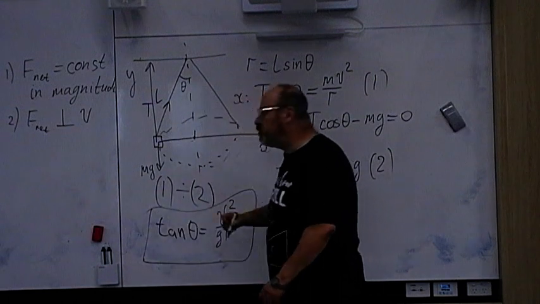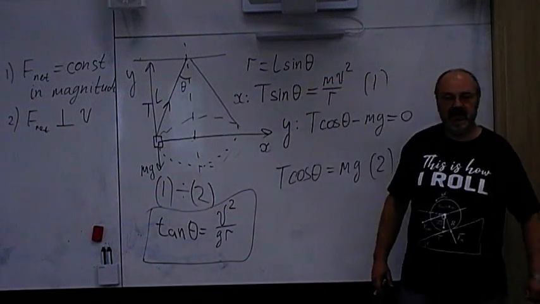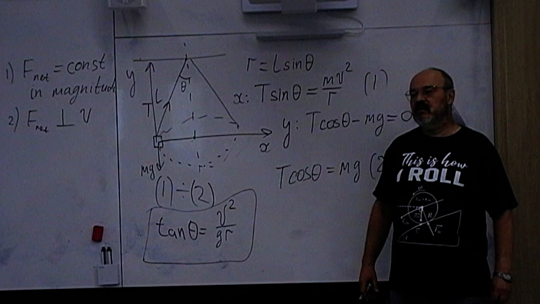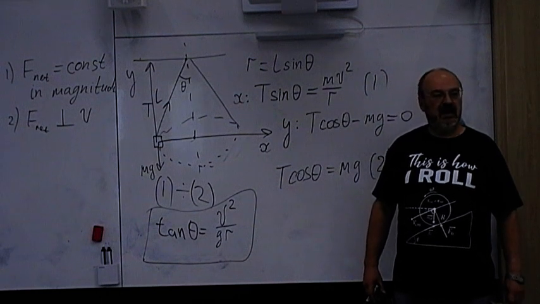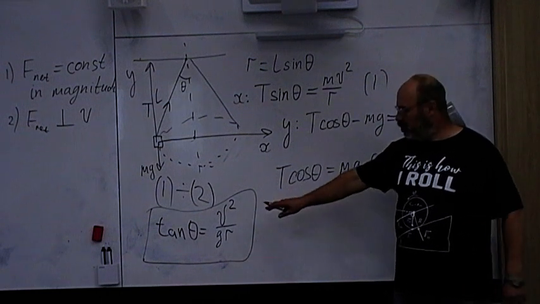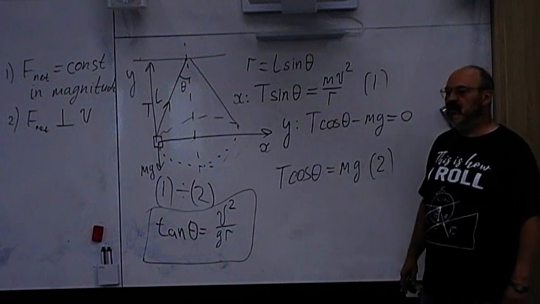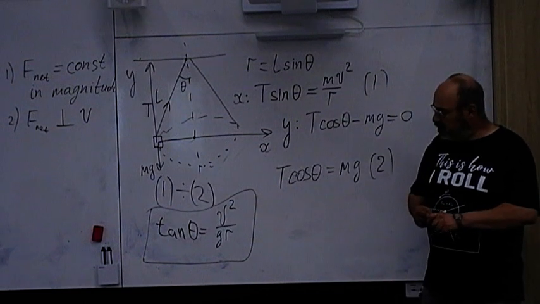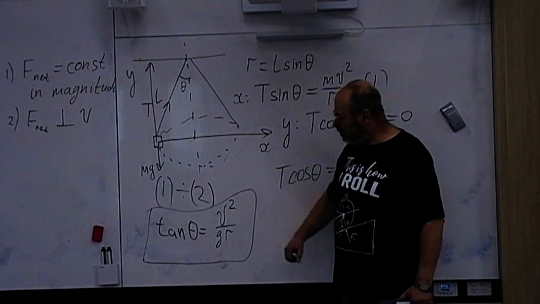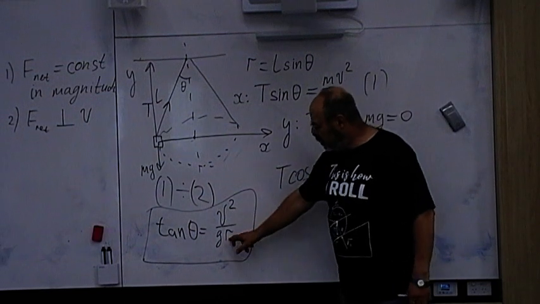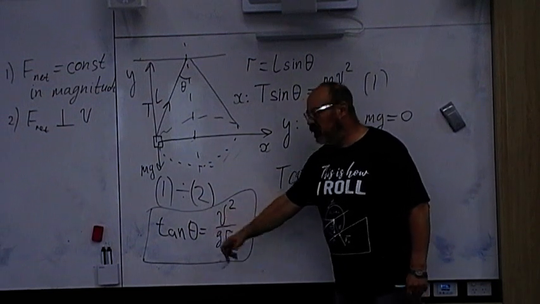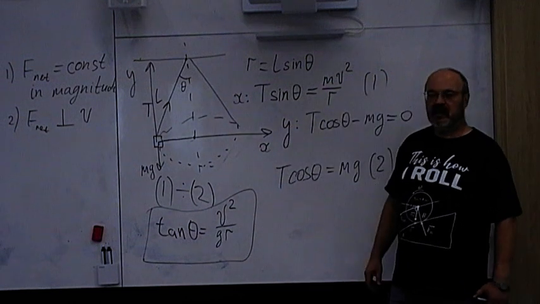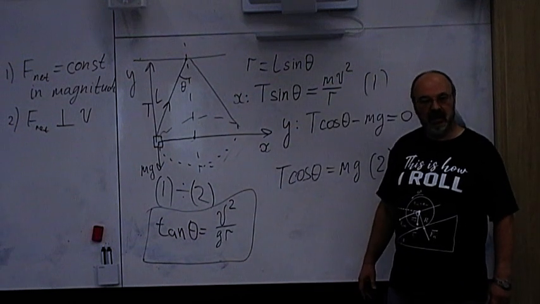We will see that this formula will come up in different scenarios a few more times. Different scenarios, but we will end up with the same formula. So this is the relation between the speed, radius of the circle, g and the angle theta. Make sense? What we did.